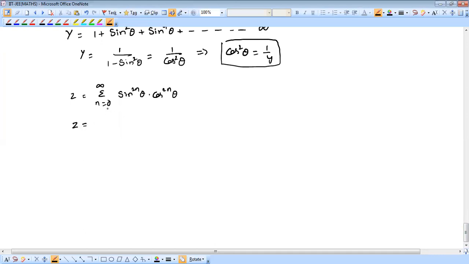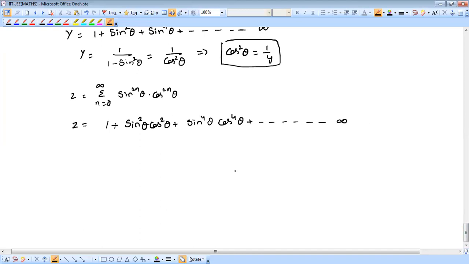Now, apply n = 0 first, which gives 1. Apply n = 1: sin² θ cos² θ. Apply n = 2: sin⁴ θ cos⁴ θ. And let the process continue till infinity.